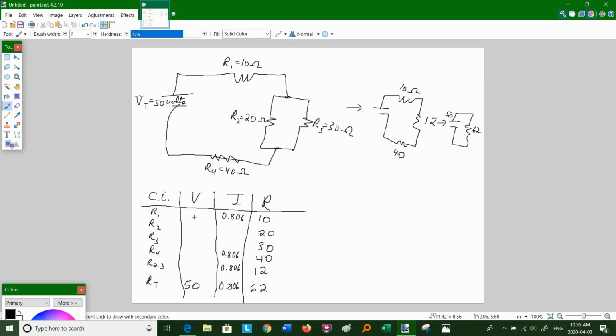And now I can get the voltage, 8.06 across R1, and 0.806 times 40 is 32.24 across R4, and R23 is 0.806 times 12, it's 9.672.